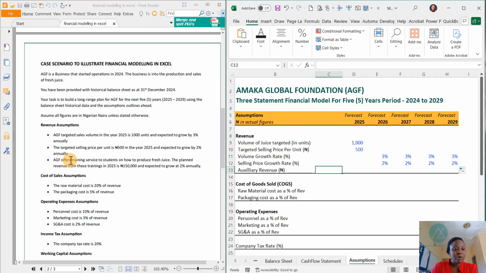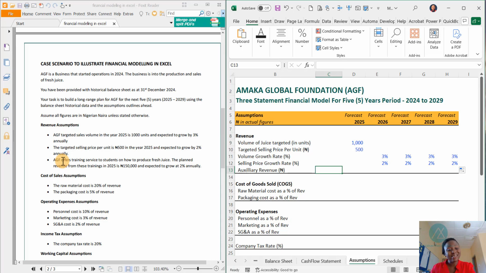It says AGF offers training service to students on how to produce fresh juice. The planned revenue from this training in 2025 is 150,000 naira and is expected to grow at 2% annually. You will notice that they say the business is into the production and sales of fresh juice, so this is more like an auxiliary revenue, another part of the business, not really the main one.